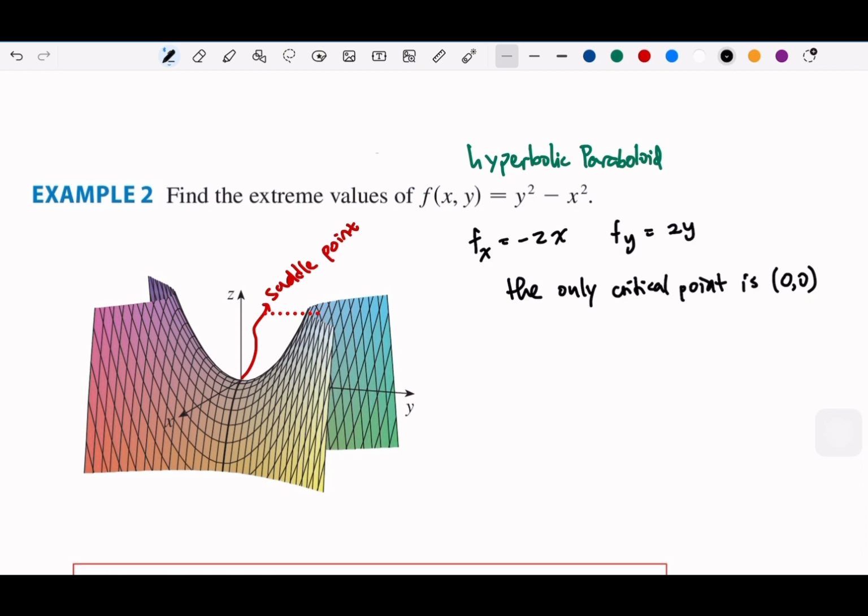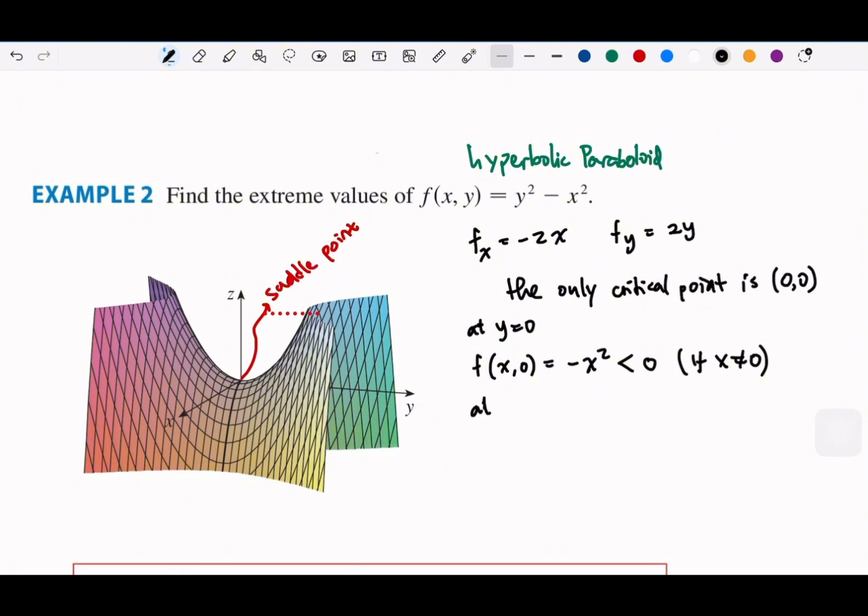So if we take y equals 0, we are going to have a parabola, negative x squared, which is going to be less than 0 if x is not 0, right?